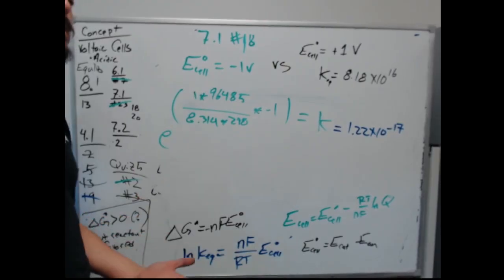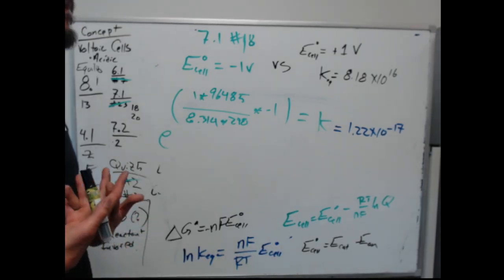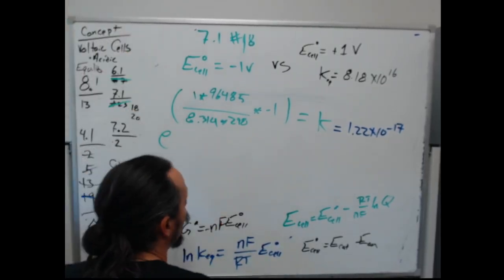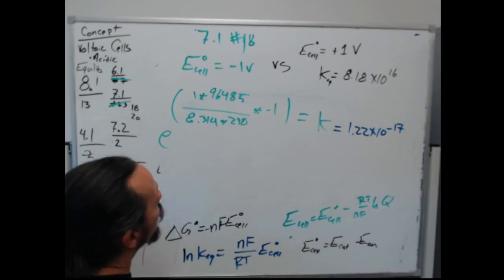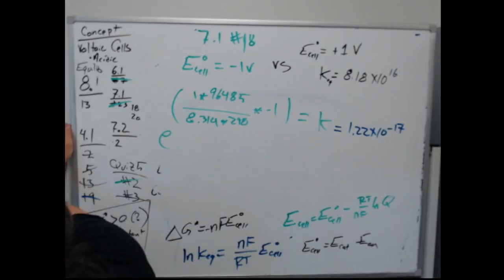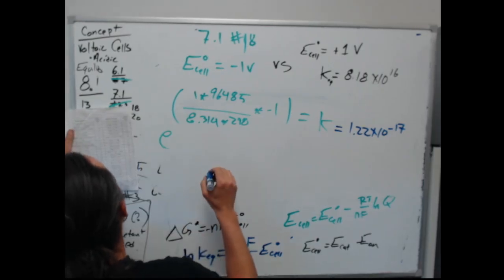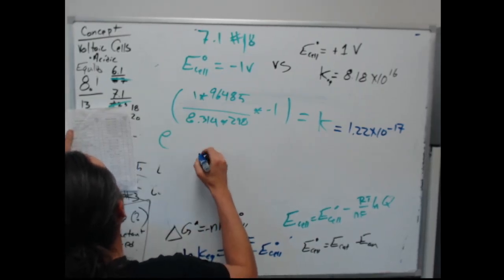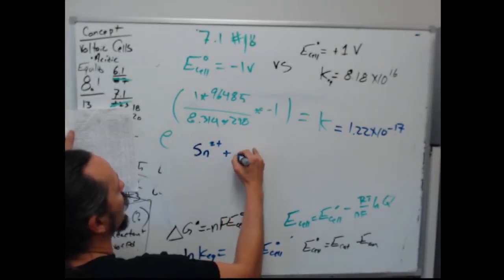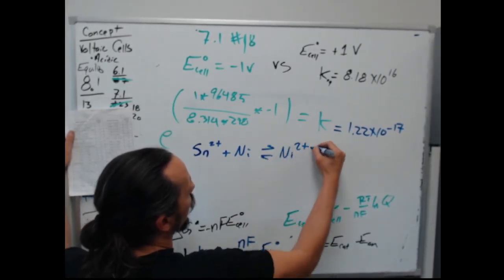Now, where this is important and interesting is when we start to think about the Q value. What's actually present to react? What's our non-standard conditions? So if we had a setup, I'm going to do a +2, so it's going to be a little bit different. But let's say I had tin 2 plus nickel going to nickel 2 plus tin.